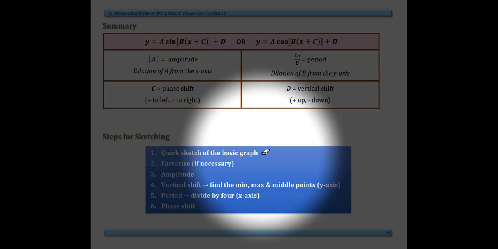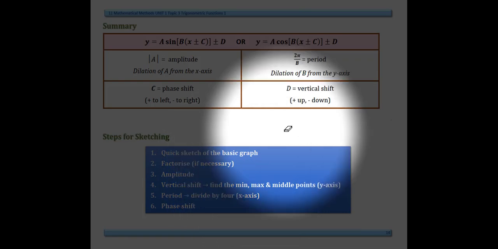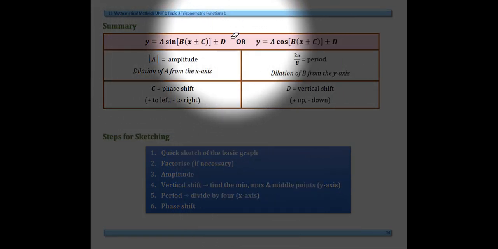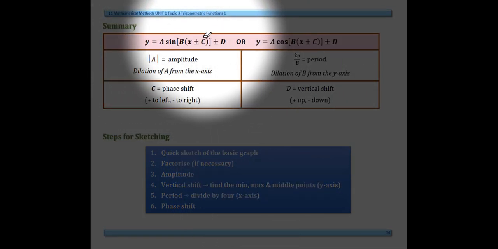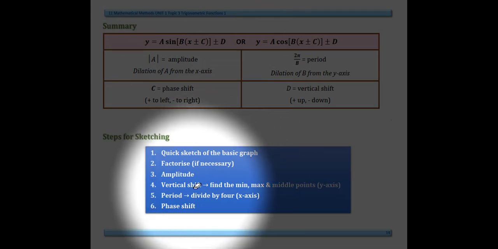Now, tips for sketching. Always start with a basic sketch, just a quick little sketch of your basic graph. The shape of sine, the shape of cos. Factorize if necessary. So you can see here with this summary that B is factorized out. You need to do that because you need your phase shift separated from that. Look at your amplitude, then look at your vertical shift.